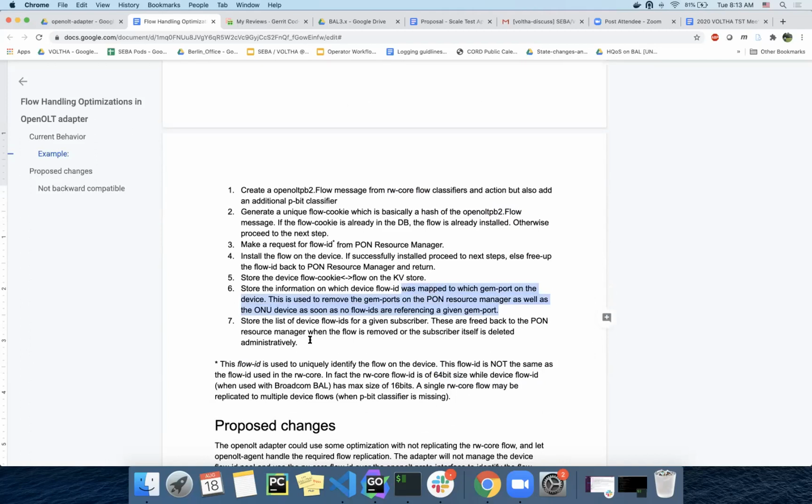And you also store the list of flow IDs for a given subscriber. All of this is backed up on the KV store. So once the device is deleted, you go ahead and free up all these flow IDs back to the PON resource manager. All this processing is done for one flow, and this is done 8 times.